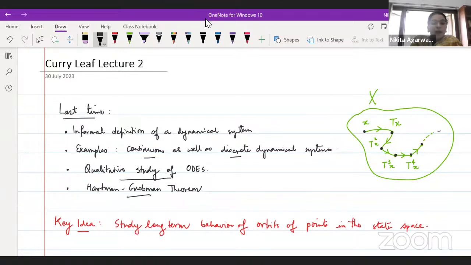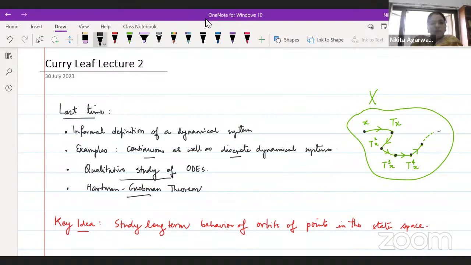Or rather, looking at one single orbit, you look at the ensemble of orbits. So you see how on the average orbits behave. Okay. So we'll come to this notion in this talk, but rather than looking at individual orbits, you look at it in a probabilistic sense.